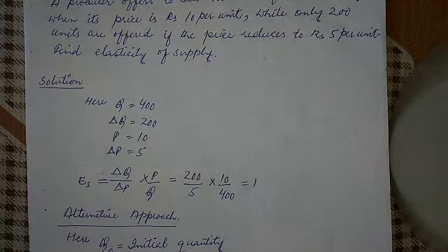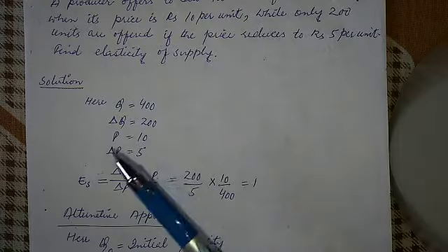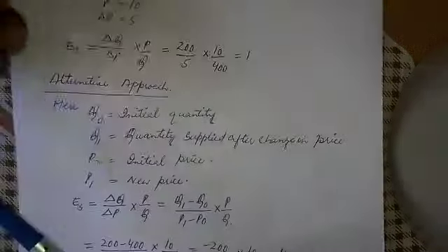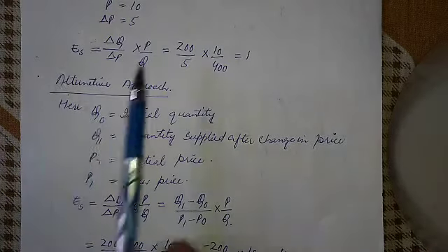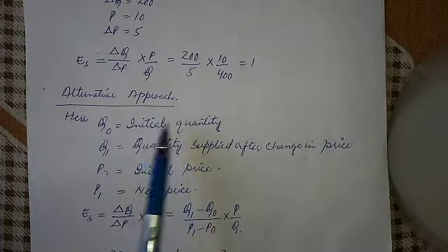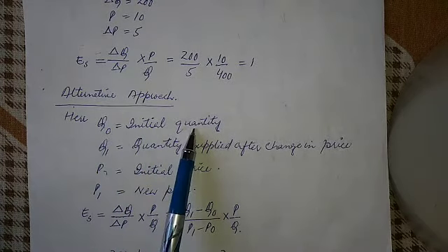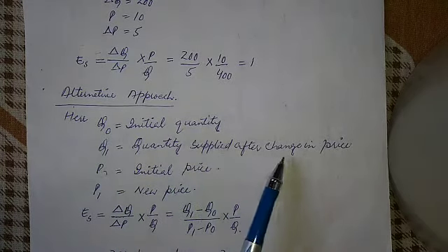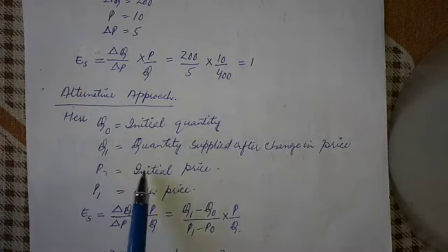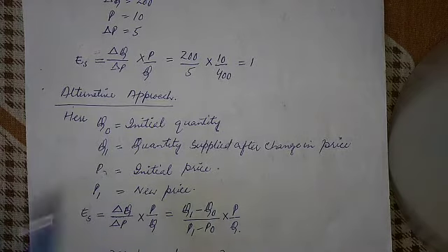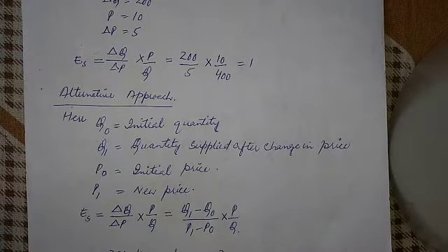As you know, suppose the initial quantity is Q0, Q1 is the quantity supplied after change in price, P0 is equal to initial price, and P1 is called new price.